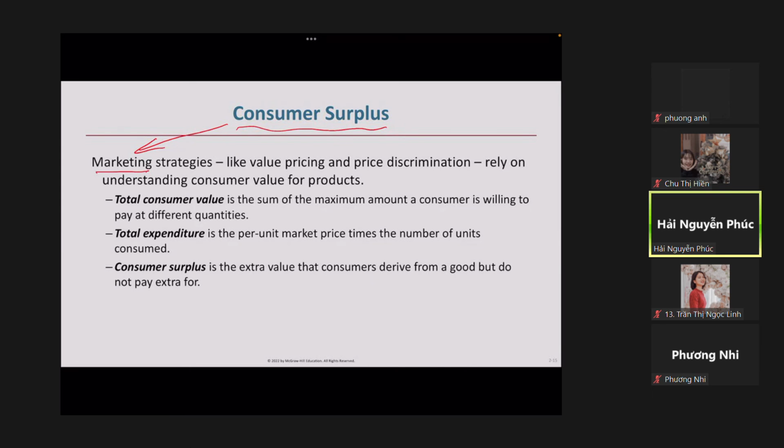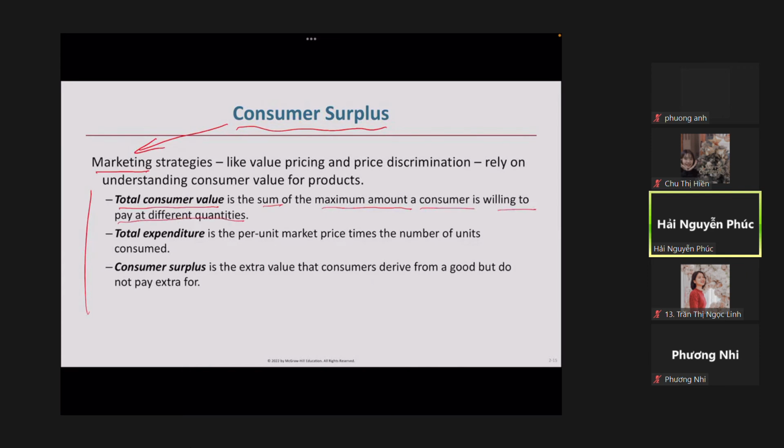To discuss the consumer surplus, we are going to look at three concepts. The first one is called the total consumer value. It is defined as the sum of the maximum amount that a consumer is willing to pay for different quantities.